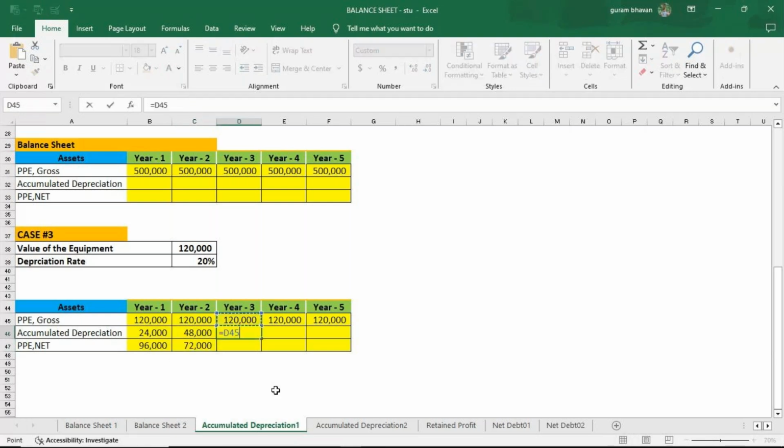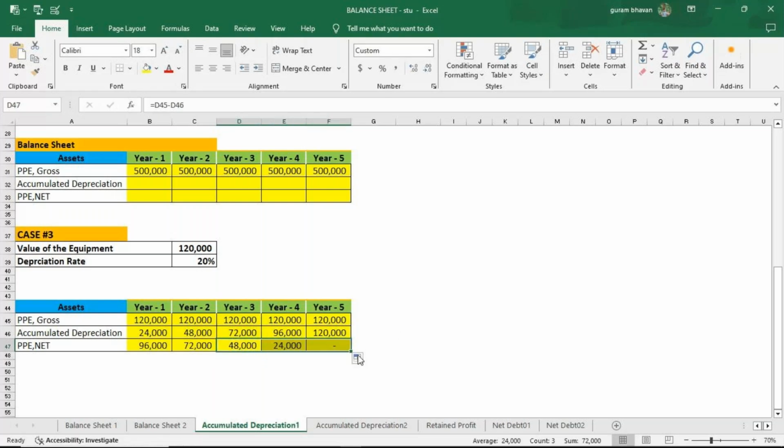I'll take the value into 20% plus previous year value, and drag it here. At the end of the year, it will be 0. I hope you people were able to solve this too.